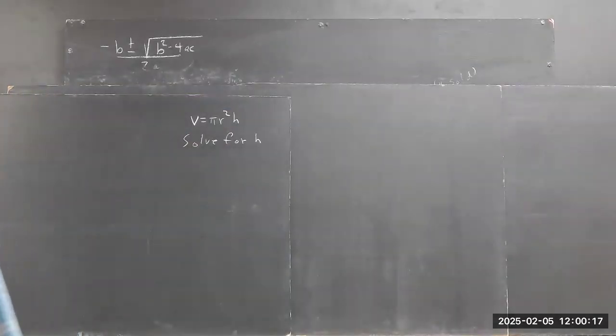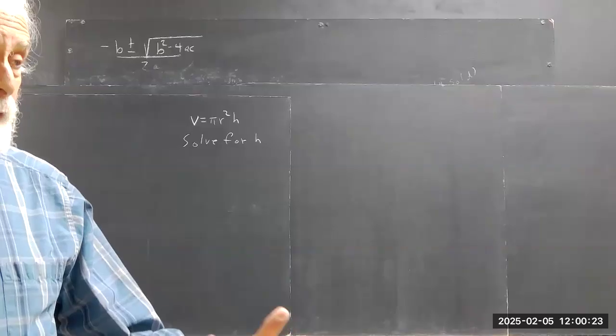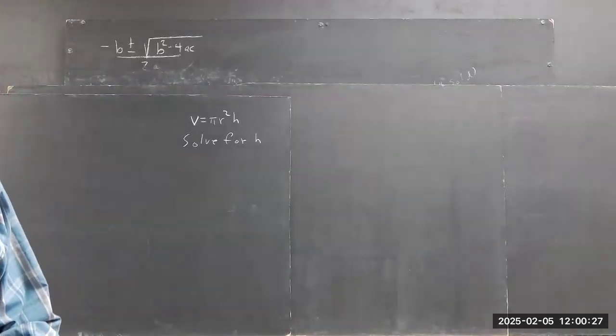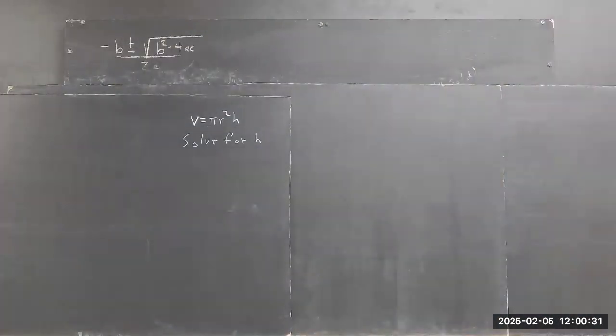And let's just leave it there. Let's not put any numbers in it. Let's just get a formula that tells us what h is, if you happen to know the radius and the volume. For example, I could apply that to this cylindrical cup. If I could do this, I'm going to do it. Just a second.